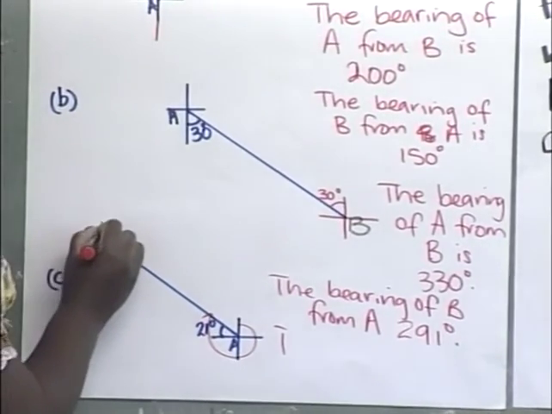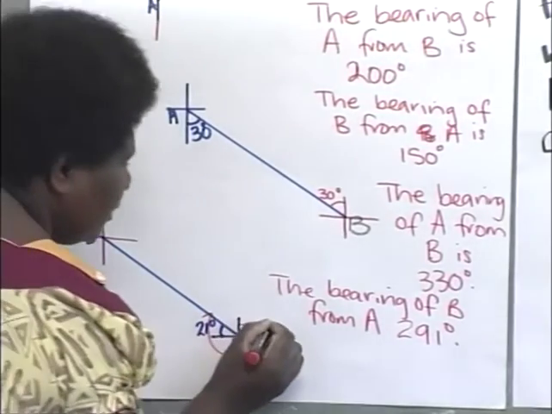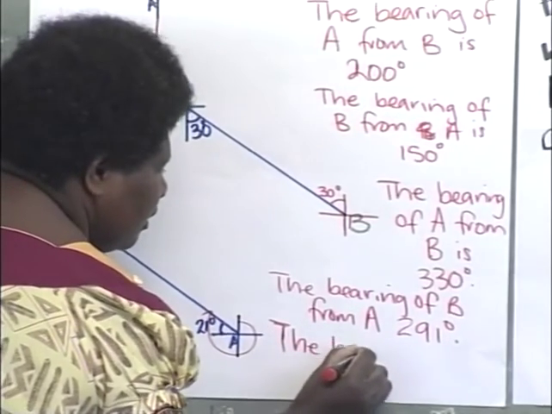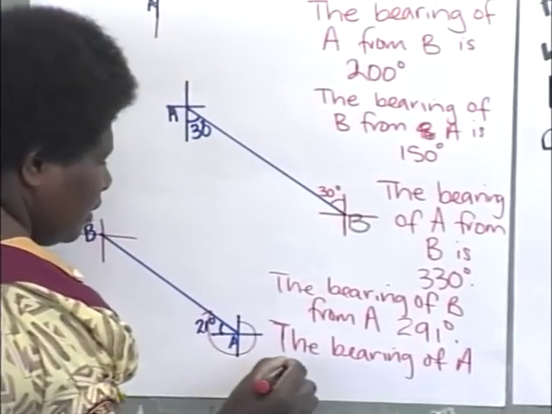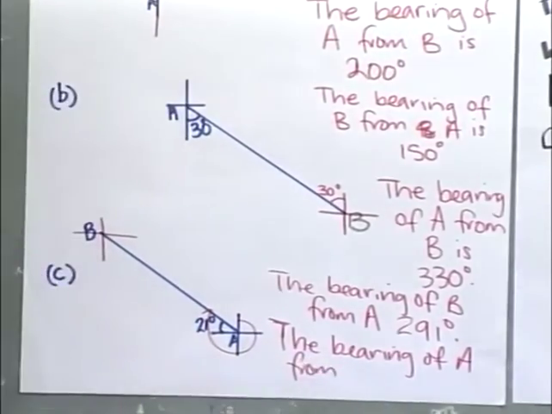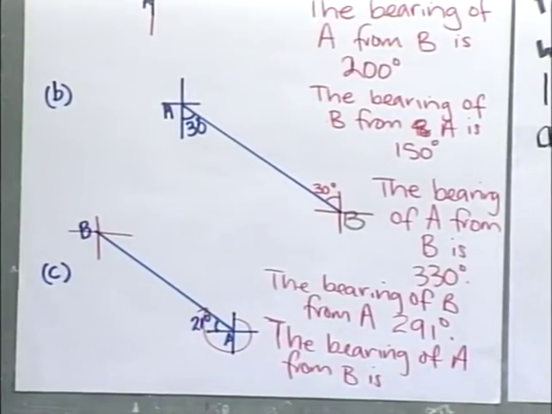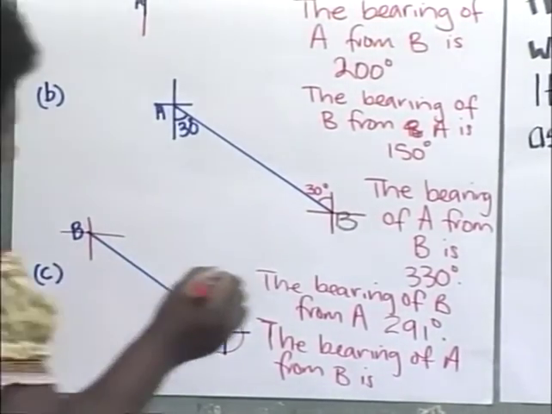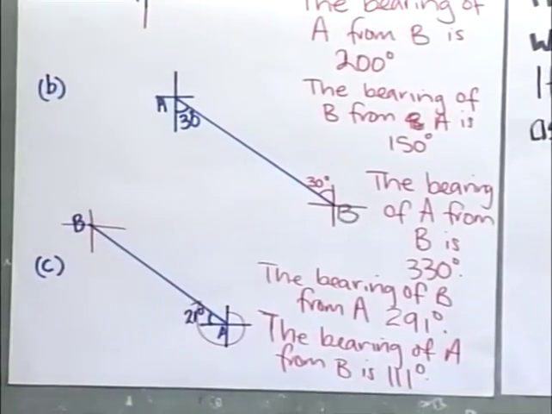Livingston. 111. 90 plus 21 is 111 degrees.